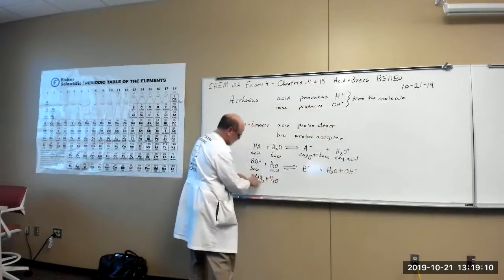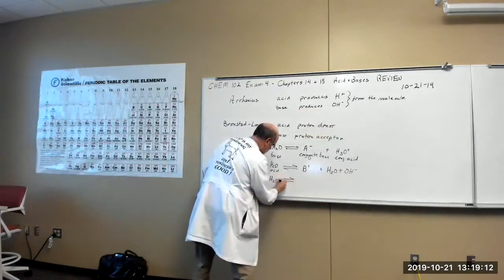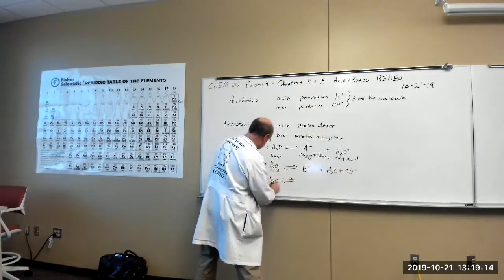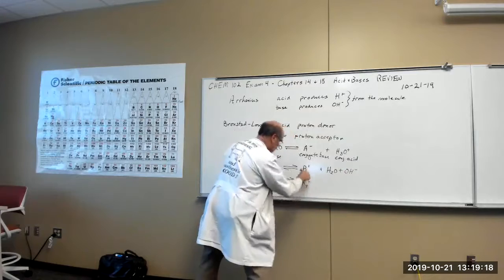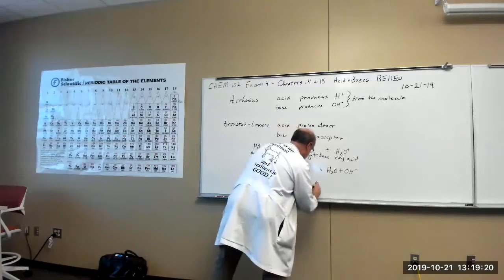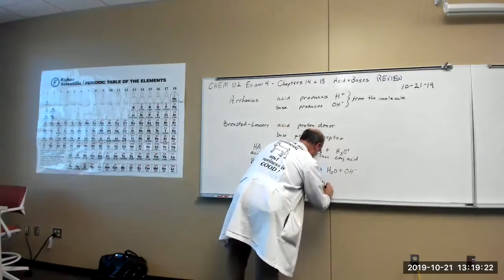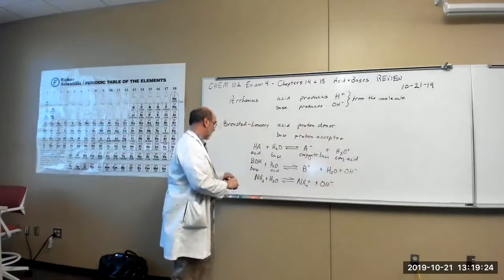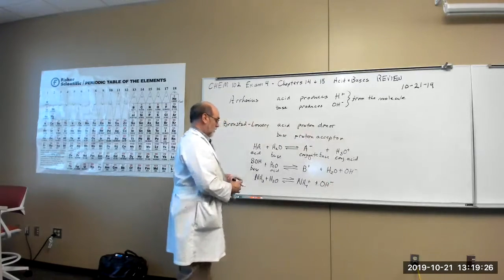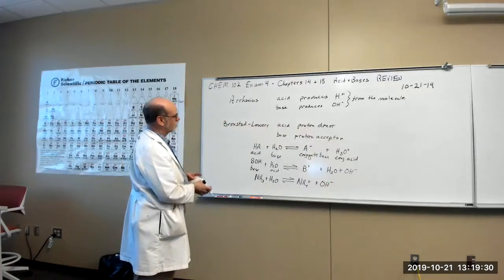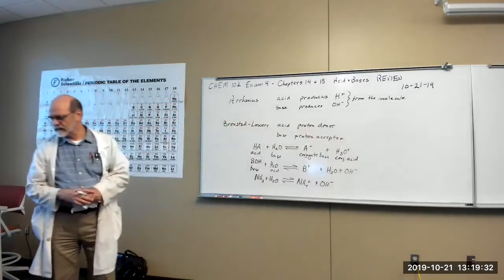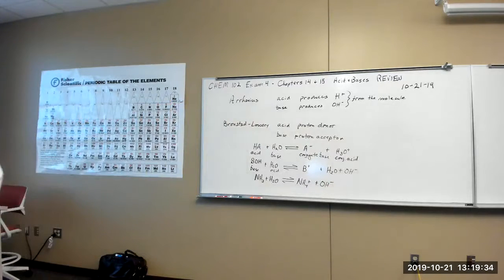So there's your base, there's your acid, and then the base, the proton acceptor, again, becomes the positive ion, and then that makes hydroxyl. Okay, let's see if we need any more definitions. Well, that should be enough to get started.